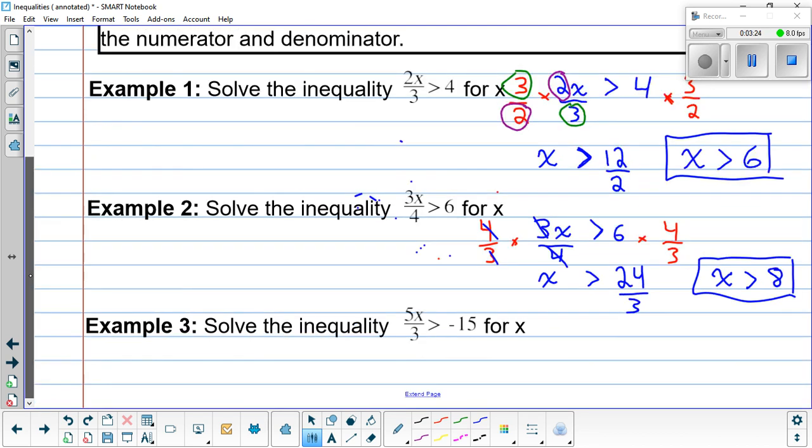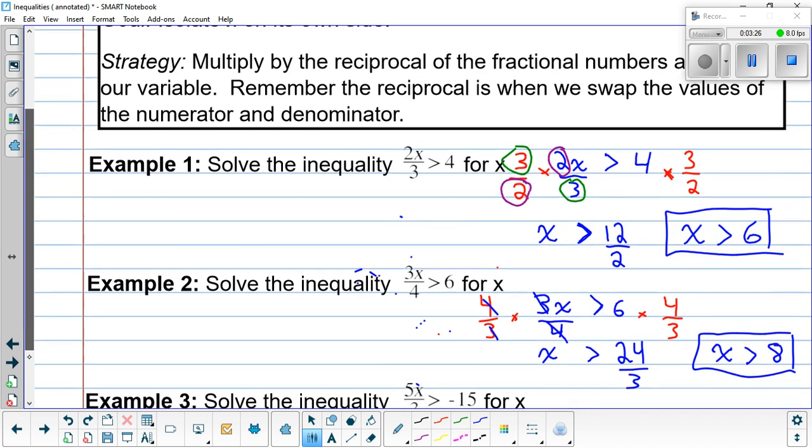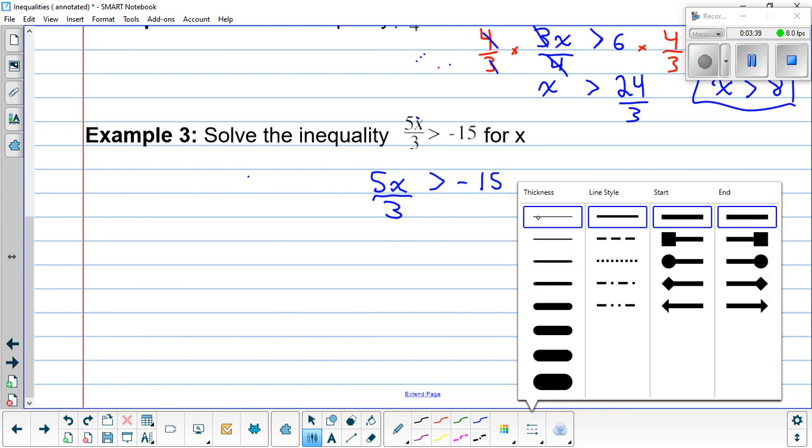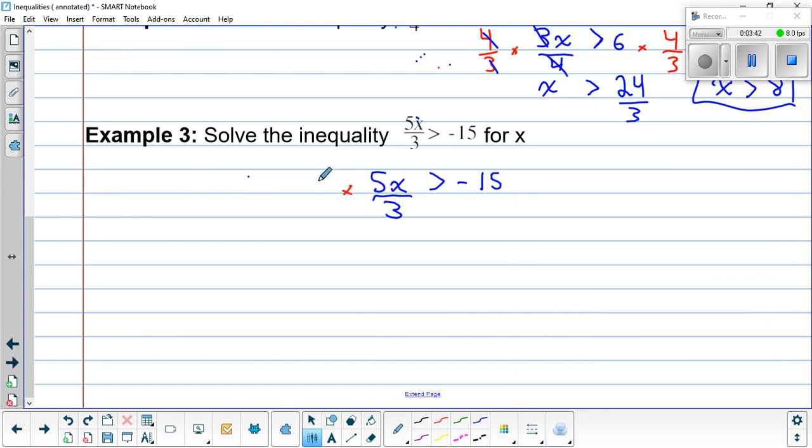And the last example we'll do for this little section is 5x divided by 3 is greater than negative 15. So what is our reciprocal? Our reciprocal to 5/3 is 3/5. So multiply it on the left, multiply it on the right.